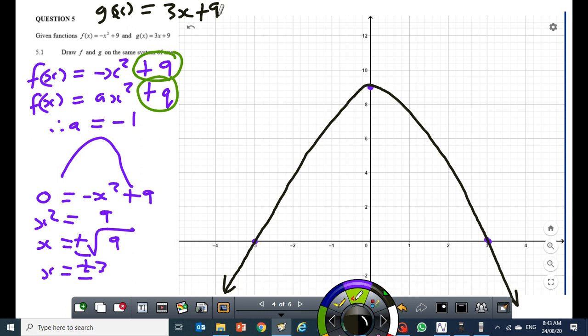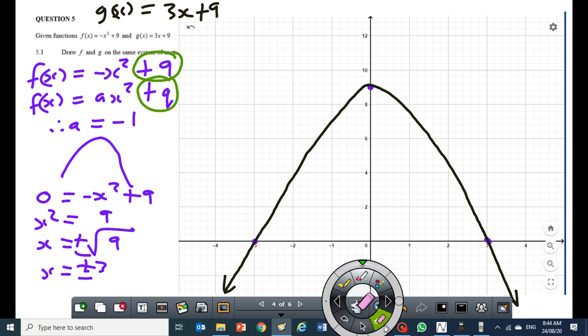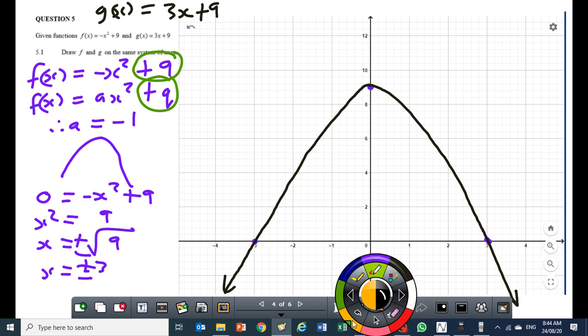If I want to find the x-intercept, I have to put g of x equal to 0. If I do that, I'll get x equal to minus 3. So my x equal to minus 3 is here. I hope you are following. If you put y equal to 0 here, you get x equal to minus 3.